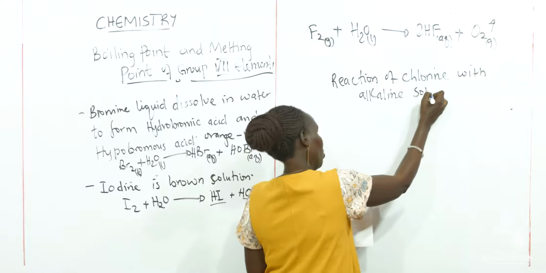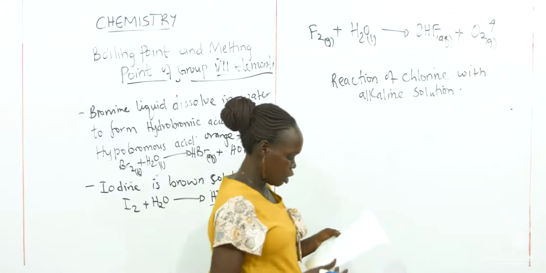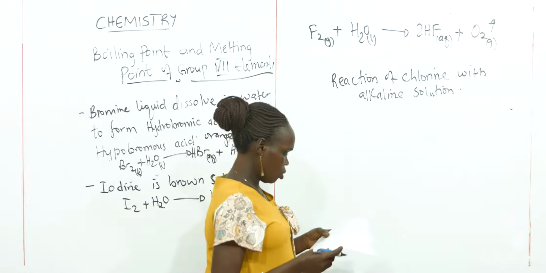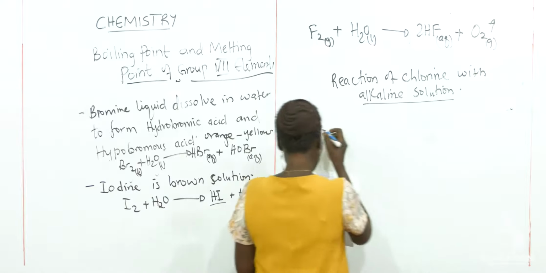So chlorine reacts with the cold dilute sodium hydroxide solution to form a yellow solution of sodium hypochlorite and sodium chloride.